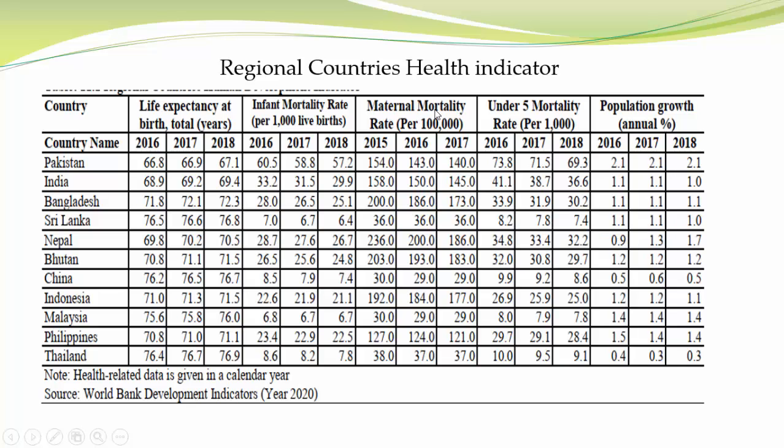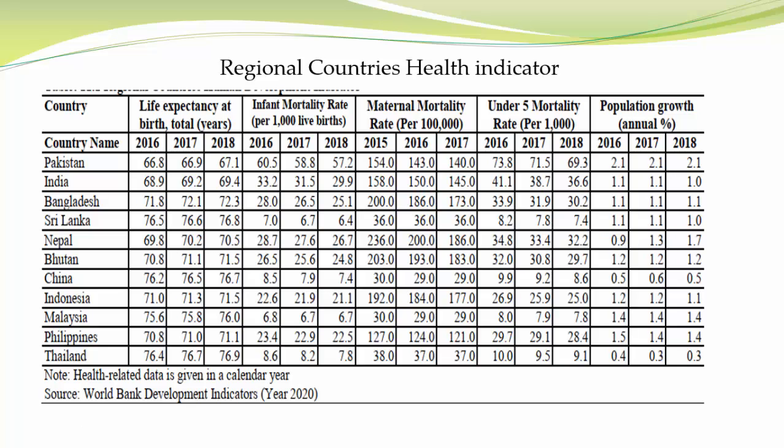Maternal mortality rate, the mothers also die in huge numbers, but we see a figure here that we are not bad at this. Pakistan had a maternal mortality rate of 154, compared to 200 in Bangladesh, 236 in Nepal, and 203 in Bhutan.